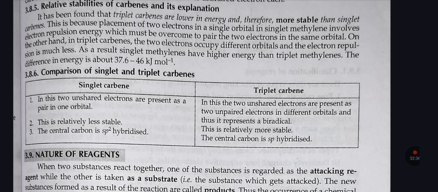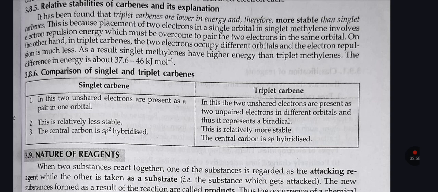On the other hand, in triplet carbene, the two electrons occupy different orbitals and the electron repulsion is much less. As a result, singlet methylene has higher energy than triplet methylene. The difference in energy is about 37.6 to 46 kilojoule per mole.